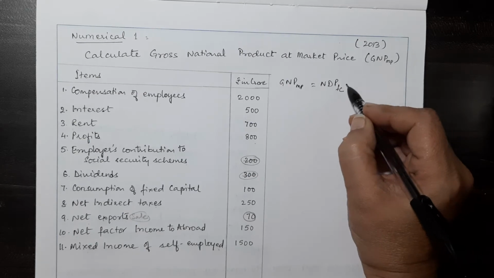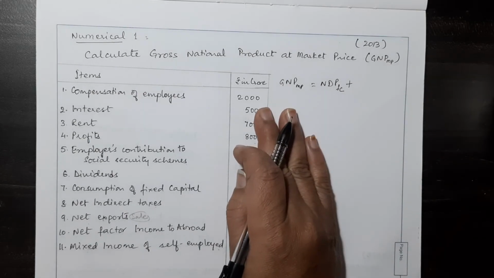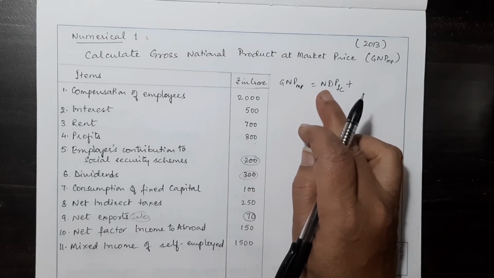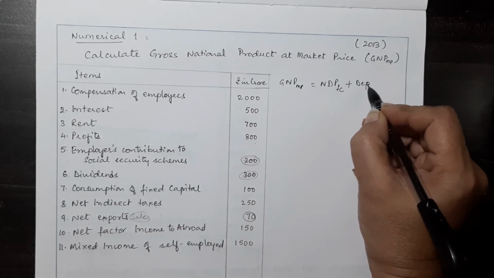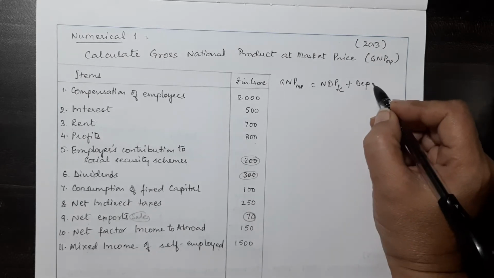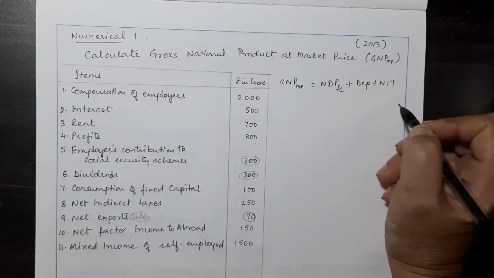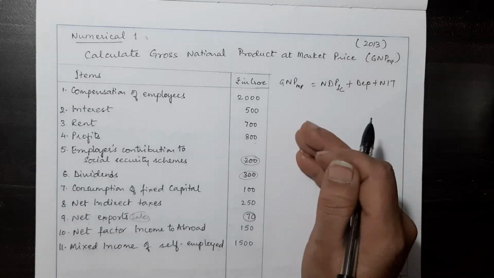NDPFC, net domestic product at factor cost, to gross national product at market price. To move from net value to the gross value, we need to add depreciation. Then, from factor cost to market price, we will add the net indirect taxes.